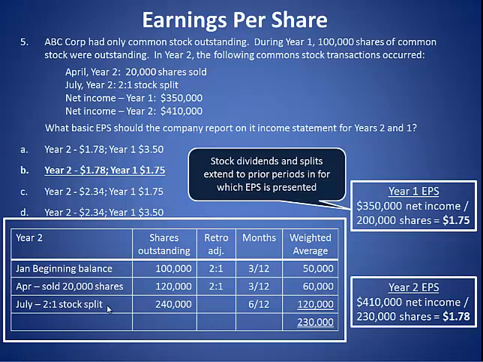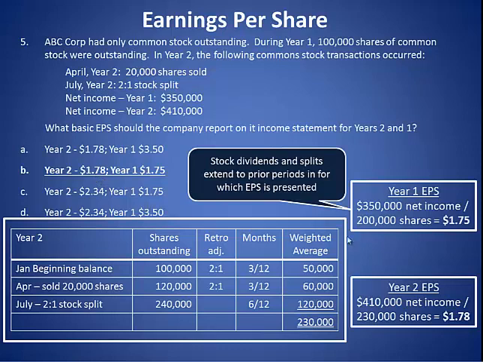And lastly, we account for the 2-for-1 stock split in July. We have 240,000 shares now outstanding, and that's for 6 months, so we have a weighted average of 120,000 shares. That's going to equal 230,000 shares for year 2. So we take the $410,000 of net income and divide it by the 230,000 shares, and we come up to $1.78 a share.